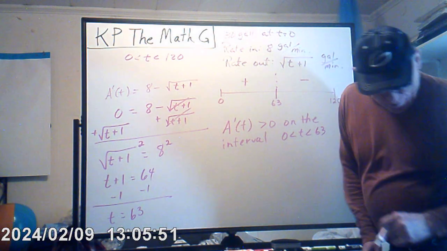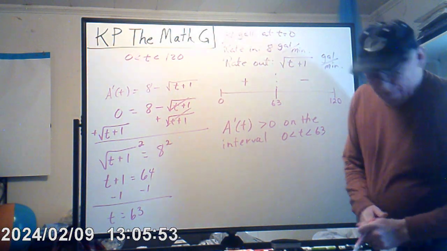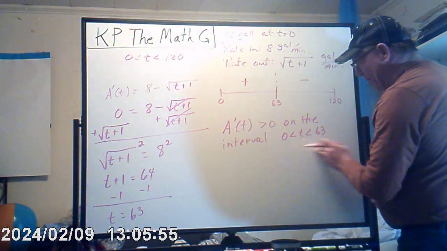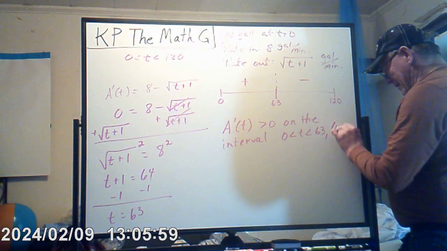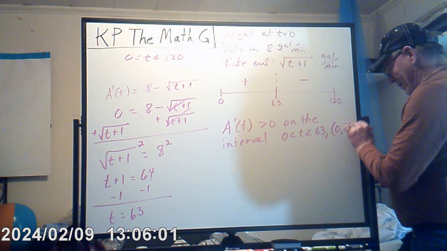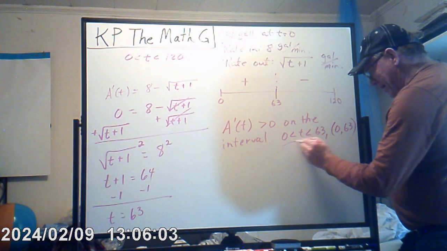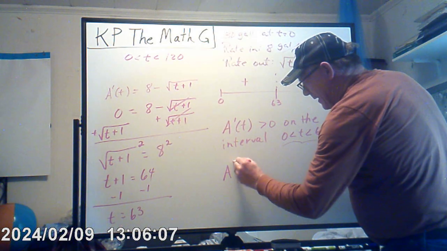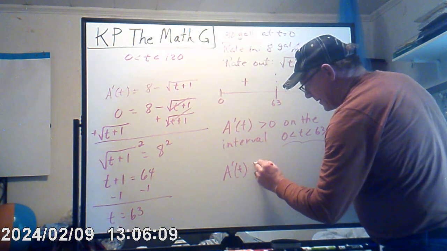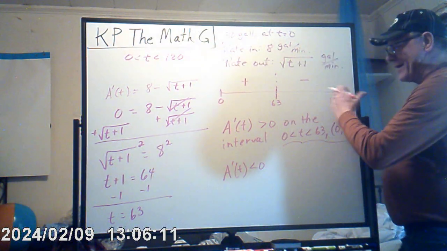I don't know, let's see, yeah, they put this on the open interval here. You could say open interval 0 to 63. Either way that you want to say that is fine. And A prime at t is less than 0. It's negative.